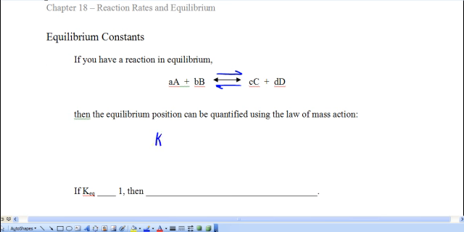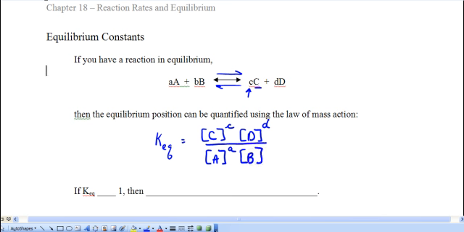KEQ is going to be our equilibrium constant, and that will equal each product. So we have the concentration of C raised to its coefficient's power. So you have a lowercase c here. Here's the molecule, and the lowercase c, the exponent, is the coefficient. We're going to multiply that by the concentration of D raised to its coefficient's power, lowercase d, and all that will be over the reactants, doing the same thing: A raised to its coefficient's power, and B raised to its coefficient's power.